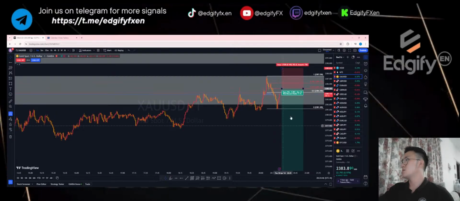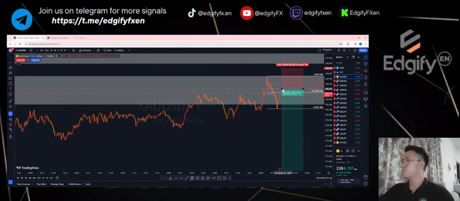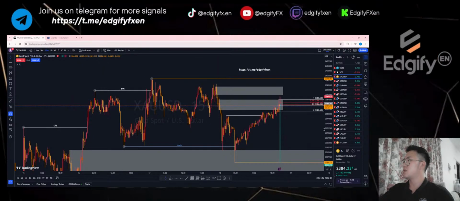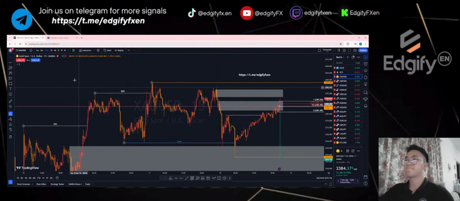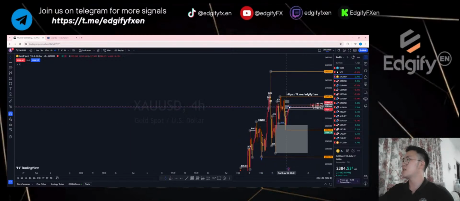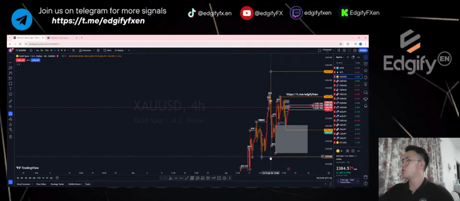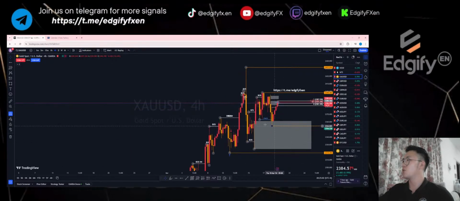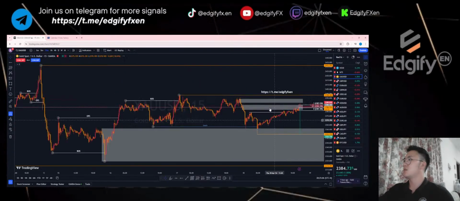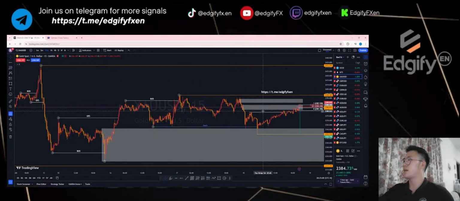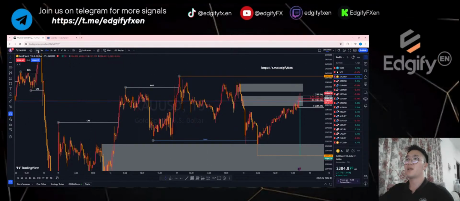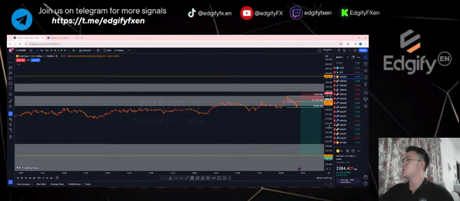Okay, so this entry here will be a little bit riskier, all right, because we are selling in the middle when we know our Fib market is going up, right? So we hop on to the minute 15. Yes, we know the market is coming down. But why am I still hesitating on taking this trade?